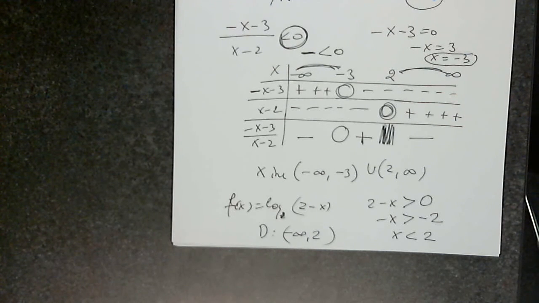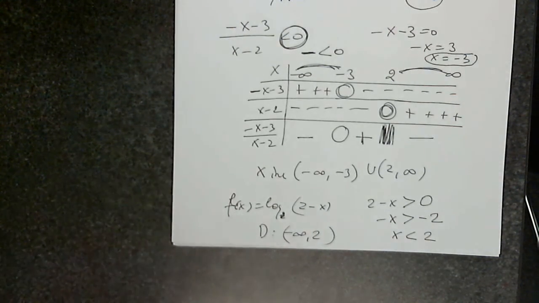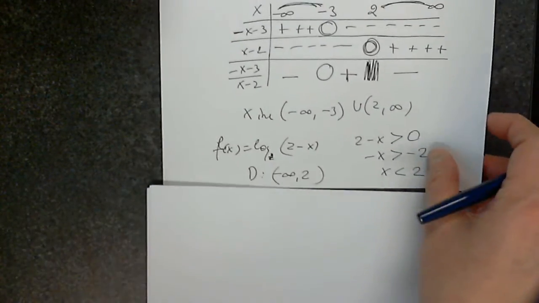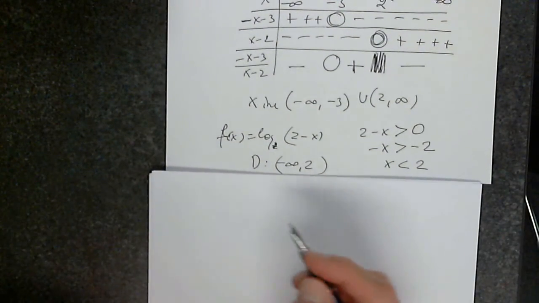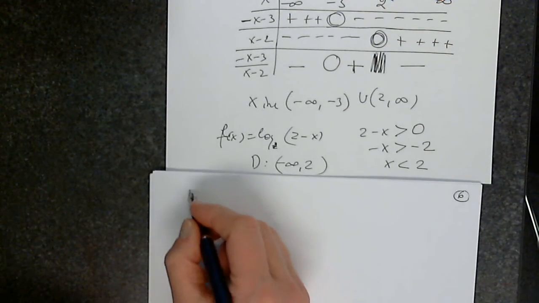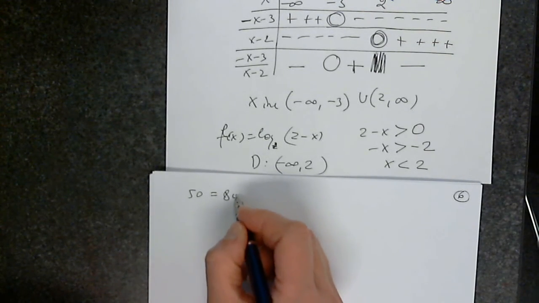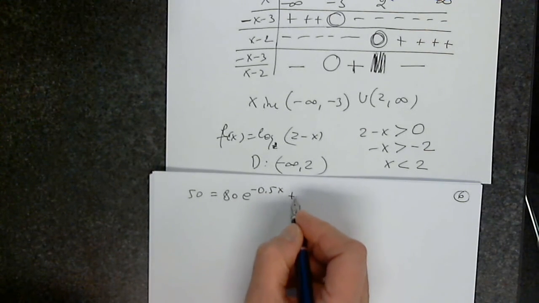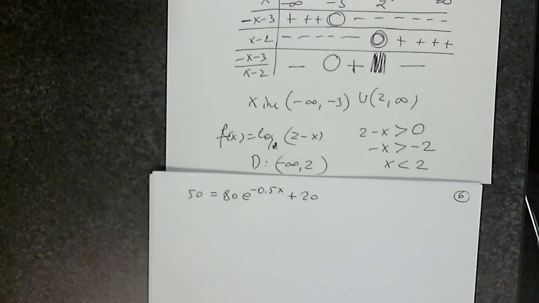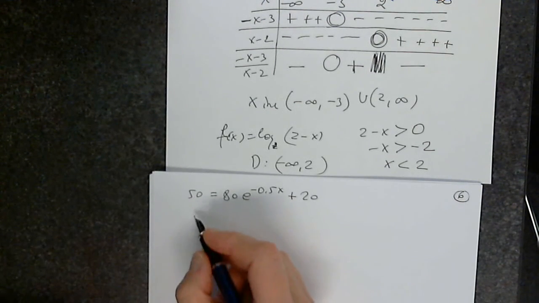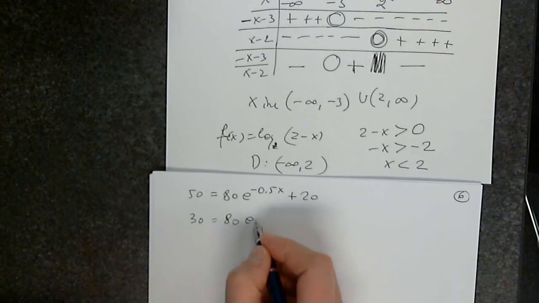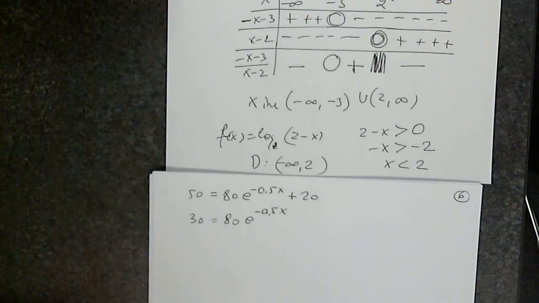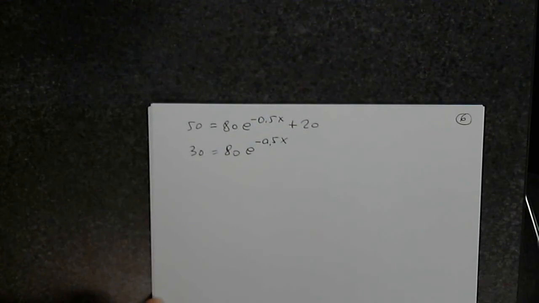We want to work on this part? Okay. Good. So, the last question of that one. So then 50 equals 80 e to negative 0.5x plus 20. First step. Good. So then I have 30 equals 80 e to negative 0.5x. Next step, mandatory step actually.